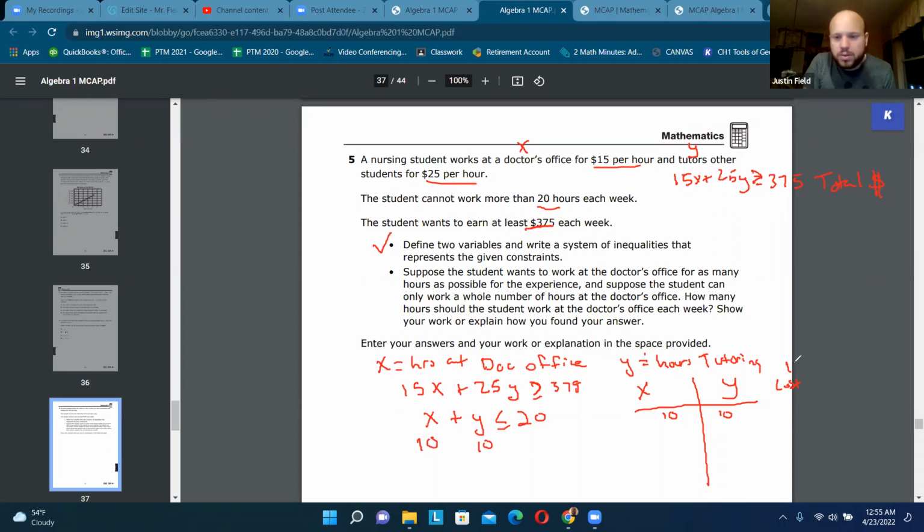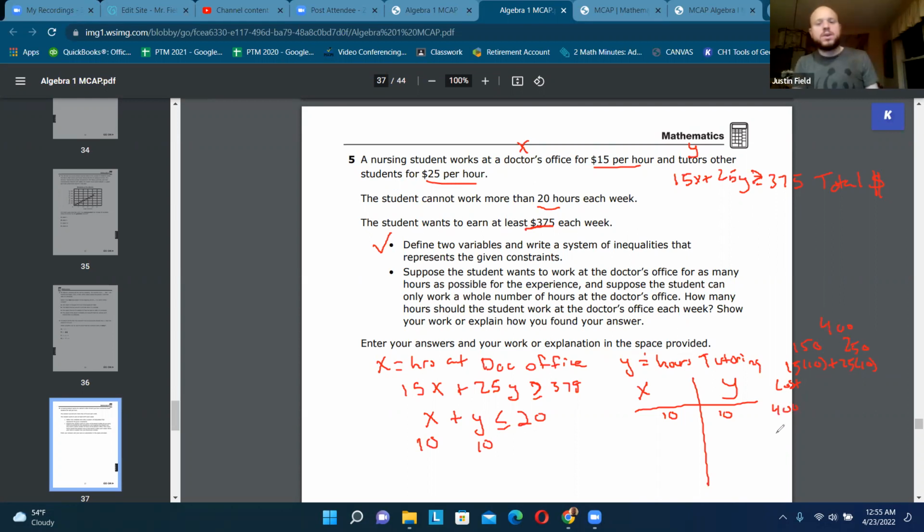And so that would be 15 times 10 and then 25 times 10. So that's 150, 250, which is 150 and 250 is 400.